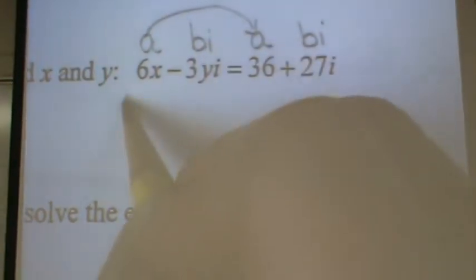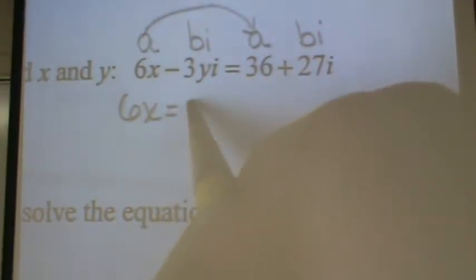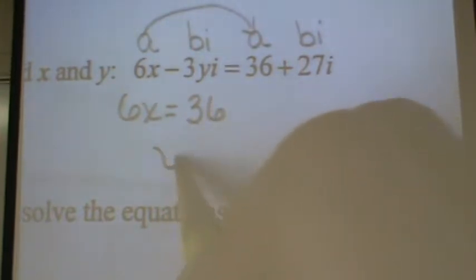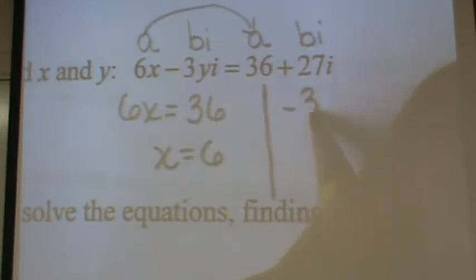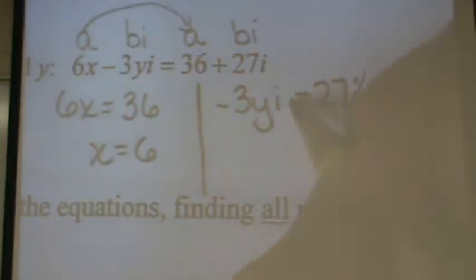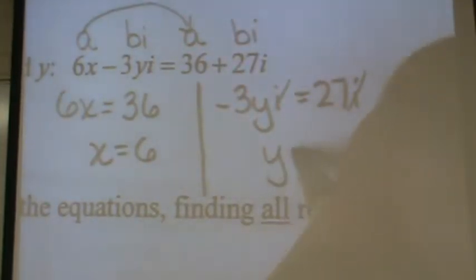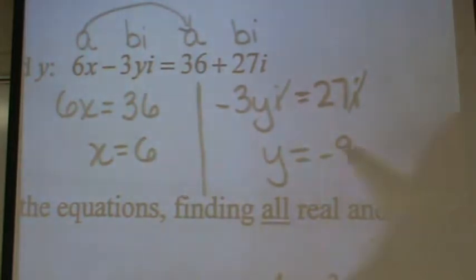You set your 2 a's equal to each other. So you have 6x equals 36. So what's x? 6. And then you have -3yi equals 27i. The i's cancel, and you get -9. Easy? Good.